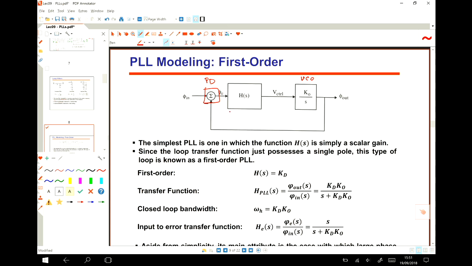And then this H(s) is the low pass filter plus our amplifier. Okay. And then we say that this is a first order system, and it's just a gain. It does not have any filter. It just gives you a gain to compensate the gain of the loop that you need. Let's see what will happen.